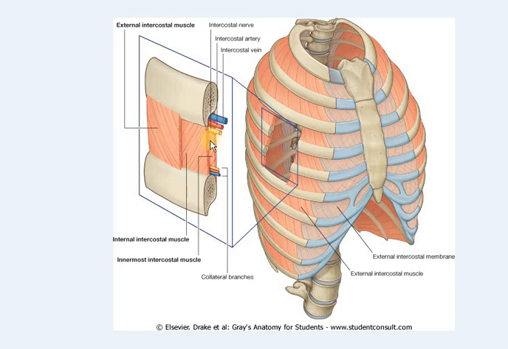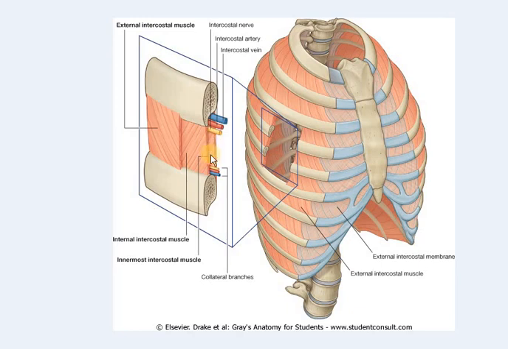Now comes the third layer of muscle, which is formed by the innermost intercostal muscle. This innermost intercostal muscle is the least distinct of the three intercostal muscles, and its fibers have the same direction, the same orientation, as the internal intercostal muscle.